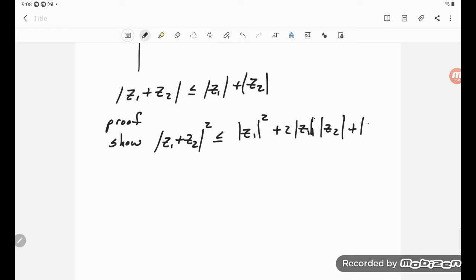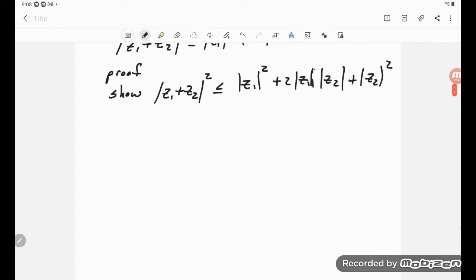So plus the absolute value of Z2 squared. All right, so that's what we're going to need to show. So we'll start with the absolute value of Z1 plus Z2 squared. And the nice part is that we know that that's just Z1 plus Z2 times Z1 plus Z2 conjugate.